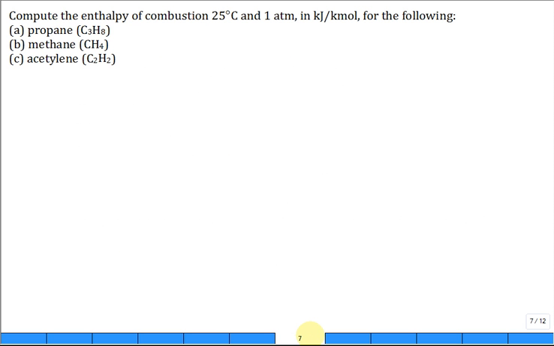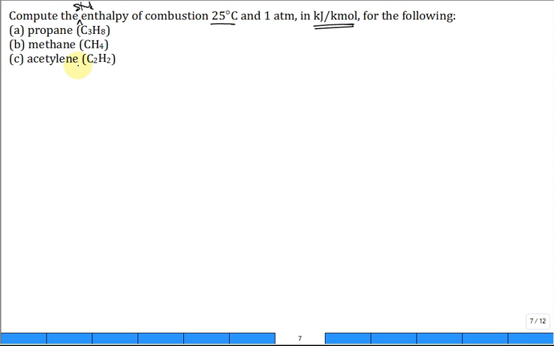Compute this enthalpy of combustion at 25 C, or you could just say the standard enthalpy of combustion, in units of kilojoules per kilomole for the following: propane, methane, acetylene. So let's just pick one, propane.